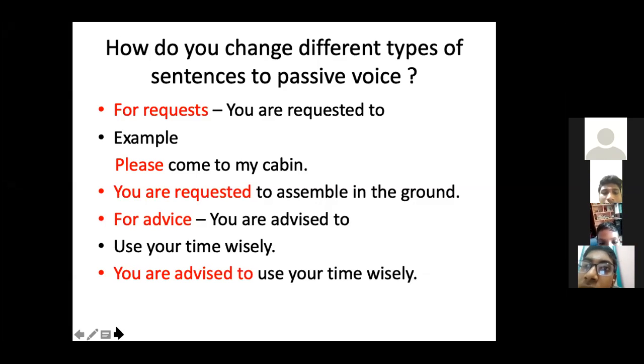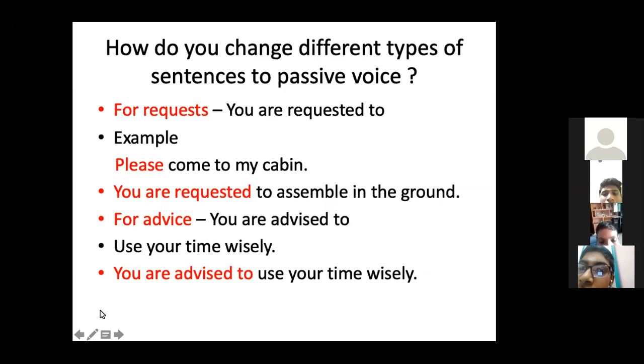So for example, please come to my cabin. Here it is a request. Please come to my cabin. This is in the active voice. Now when you're changing this into the passive voice, it becomes: you are requested to come to my cabin.